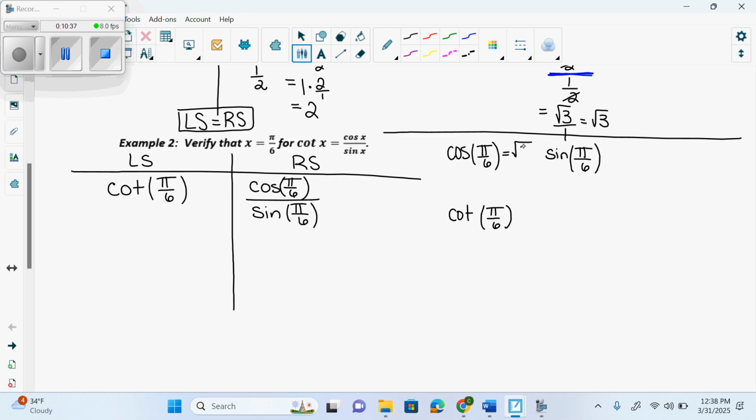Root 3 over 2 is the x at pi over 6. What's the sine pi over 6? The y. 1/2. Cotan we can't pull off the unit circle directly, but the top two formulas are the ones we use to get tan and cotan off our unit circle. Cotan is cos divided by sine, which is technically what this verification is. So we're indirectly doing it. So we're going to get cos pi over 6 divided by sine pi over 6.